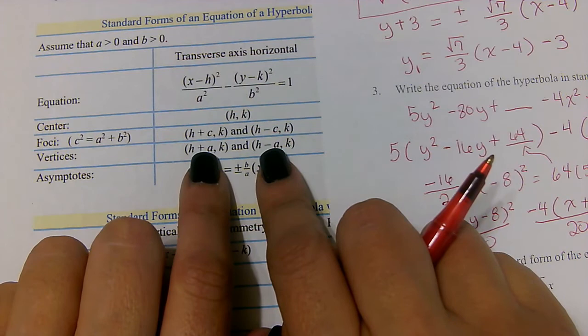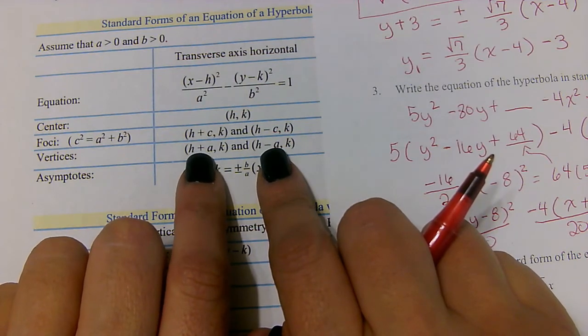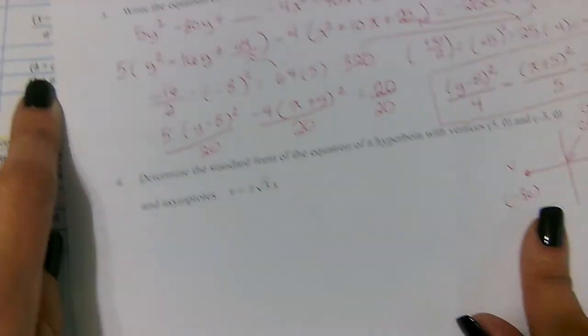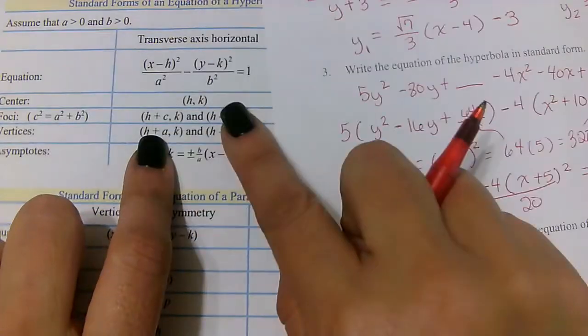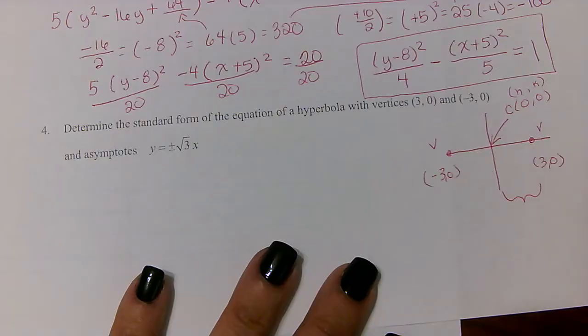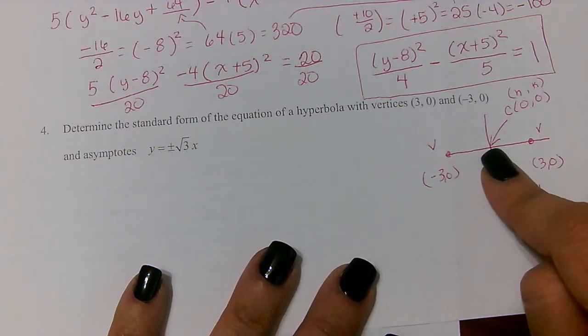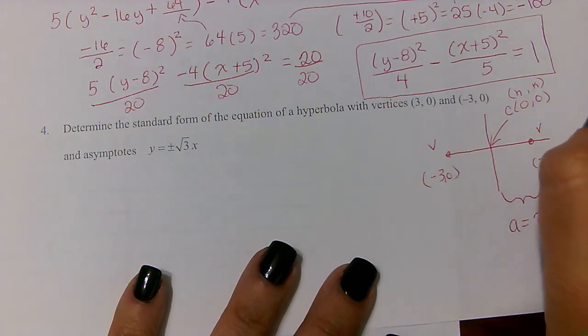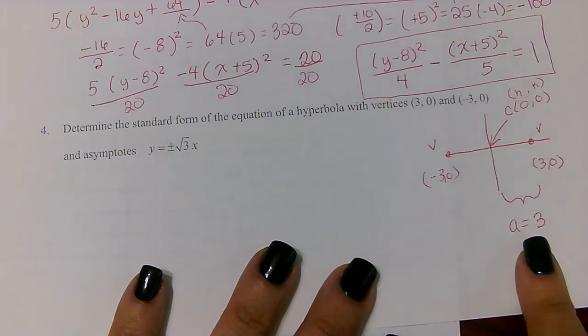Notice here that the vertex is always based off the distance from the center. Since we know that the center is (0, 0), we can see that here we're adding a and here we're subtracting a. Our a is going to be the distance between the center and the vertex. So here I can say a is equal to 3.